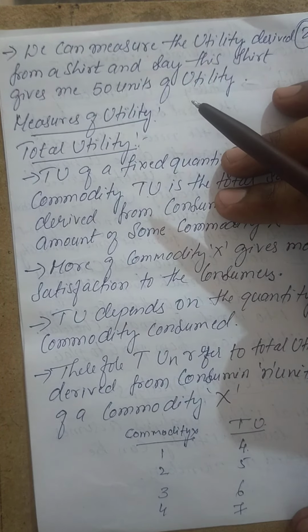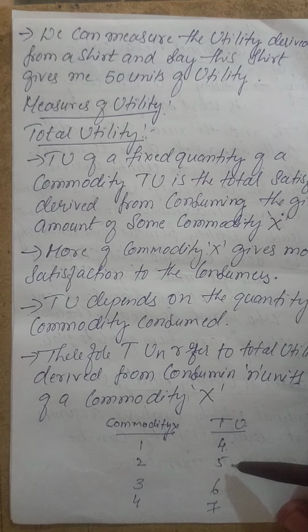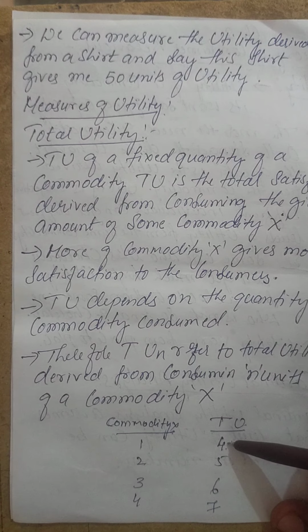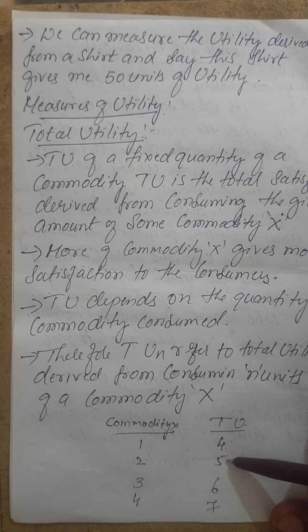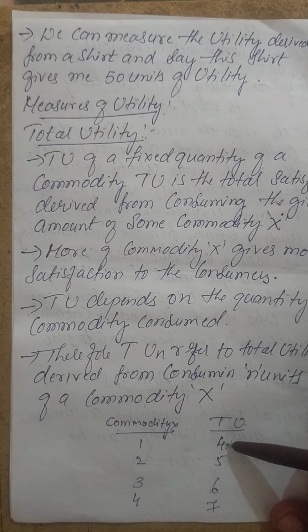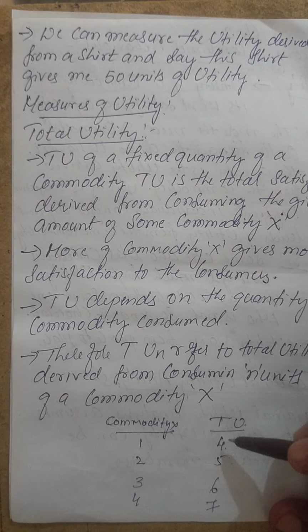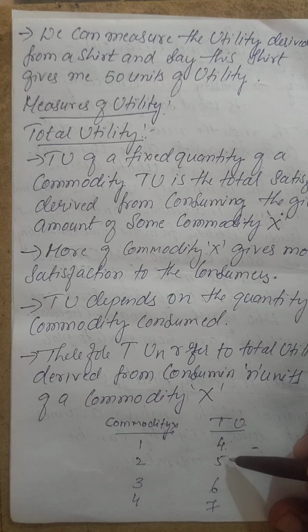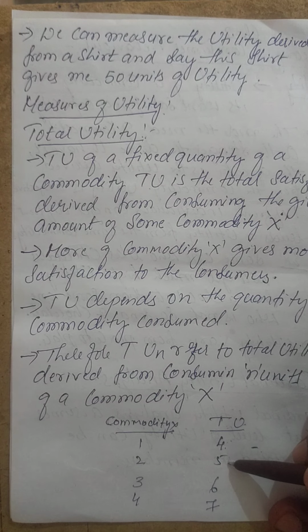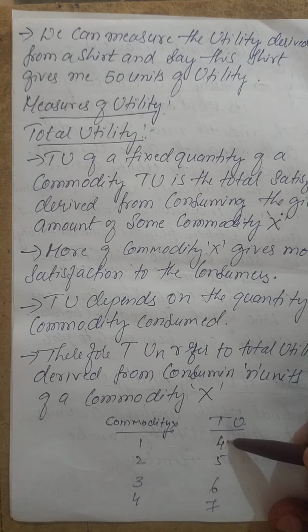So let me go to the table and show you. See here, change in total utility: this is the first unit, this is the second unit, 4 and 5. So this becomes the nth unit, isn't it? So 5 minus 4, if you do, it is 1. This is the original utility of consumption, and this is the previous one, which occurred for the satisfaction level.